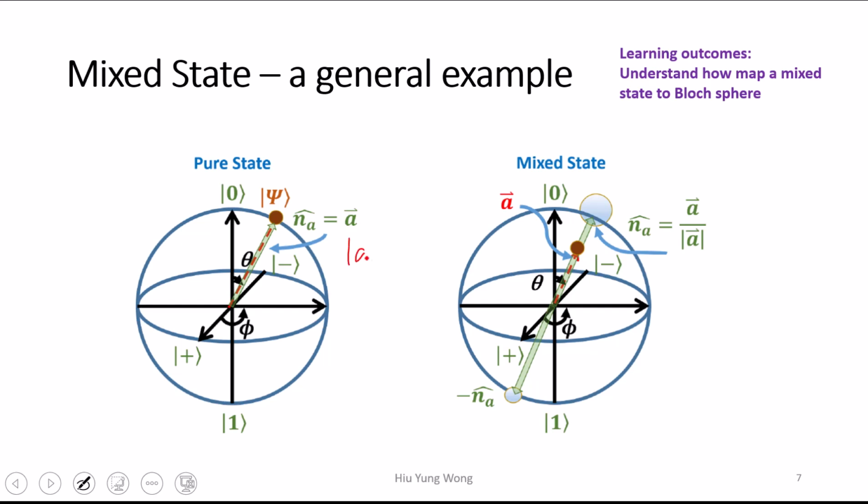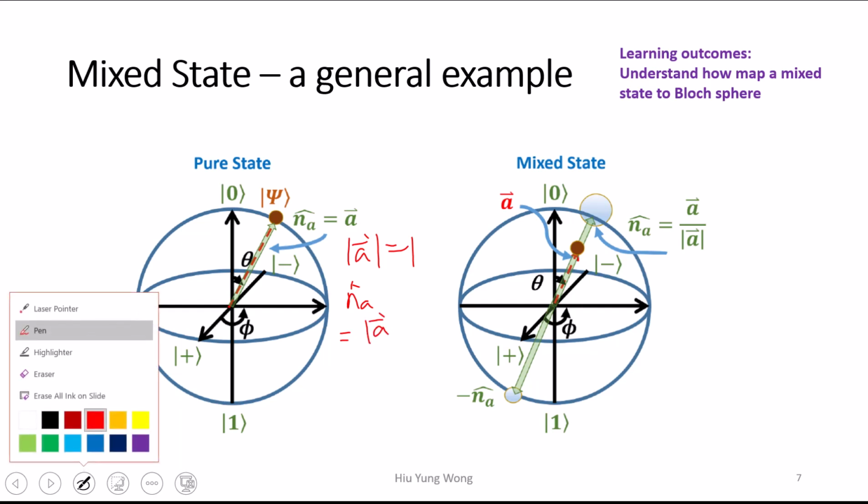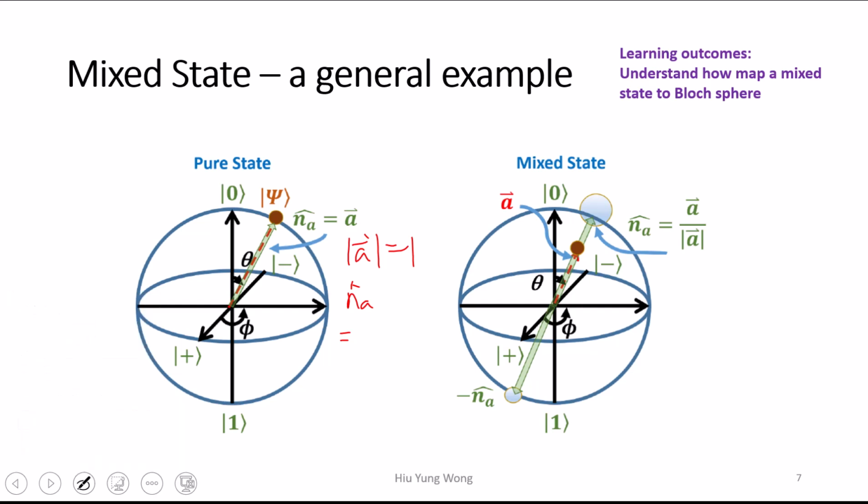And of course, since it is 1, NA equals A divided by the A magnitude, which is A divided by 1, equal to A itself, right? That is just the meaning of this. Then A is this point.